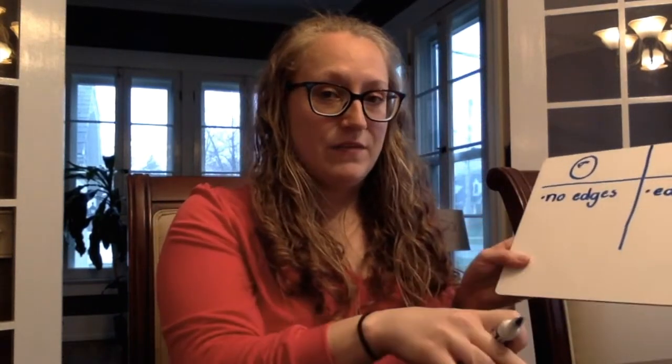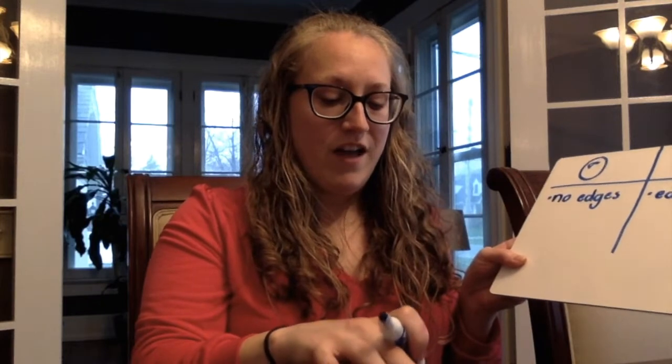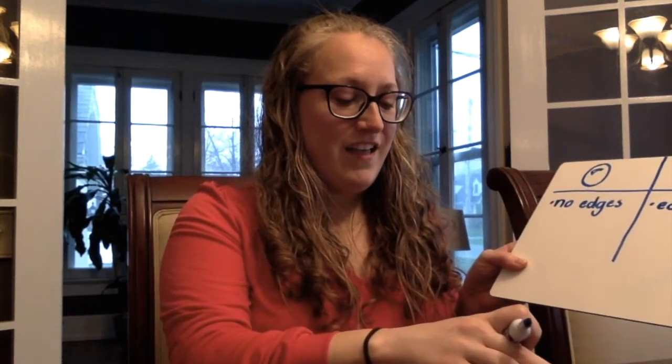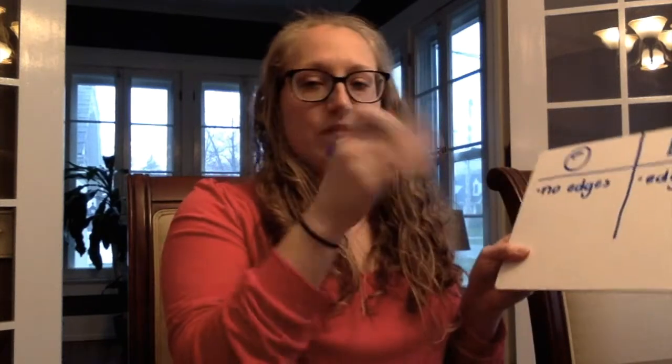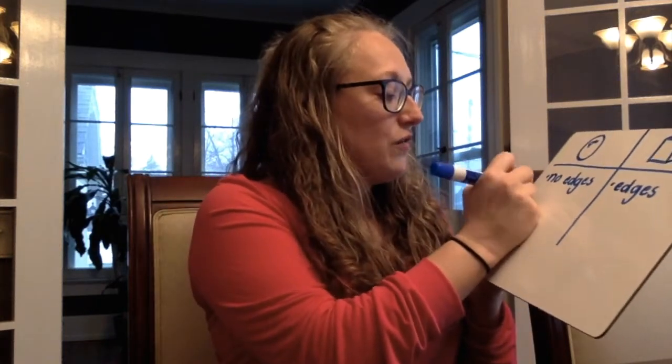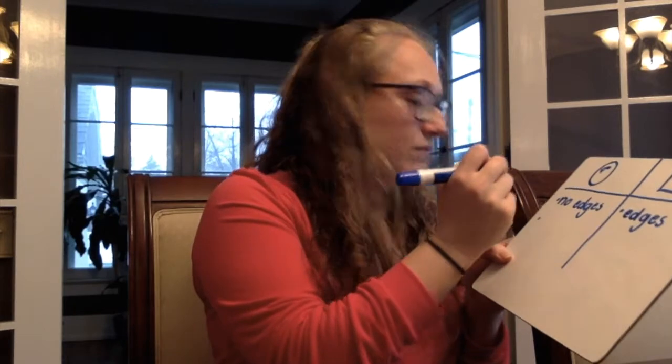Except let's look at the sphere. Do you see any pointy parts, any corners, any vertices on this sphere? I don't either. Poor sphere, you don't have any of those. So I'm going to write no vertices under sphere. Don't leave me, sphere. Oh, it left.